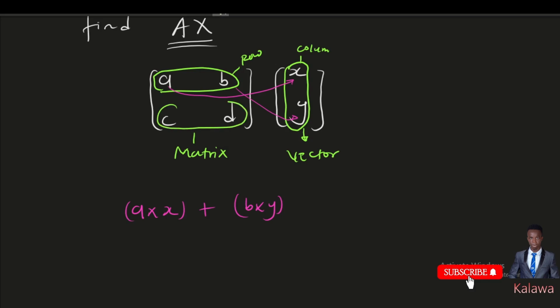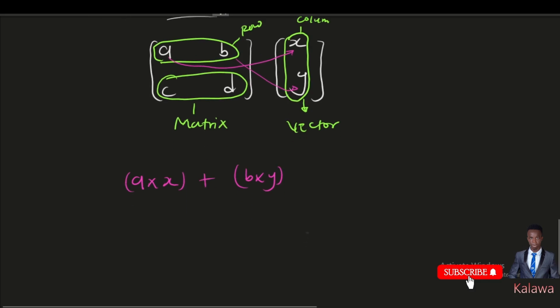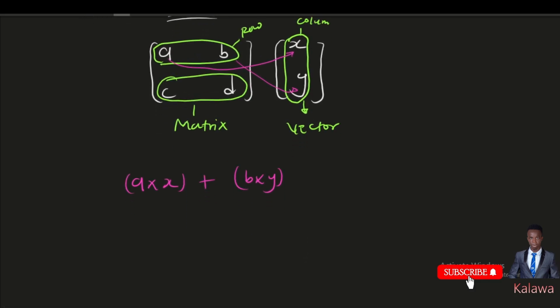In this case, it is a 2 by 1 matrix, of course, because for the vector we only have one column and two rows, and for the matrix we have 2 rows and 2 columns. So you can call this a 2 by 1 matrix. It's only applicable when multiplying a vector with a matrix. So we go again for the second row.